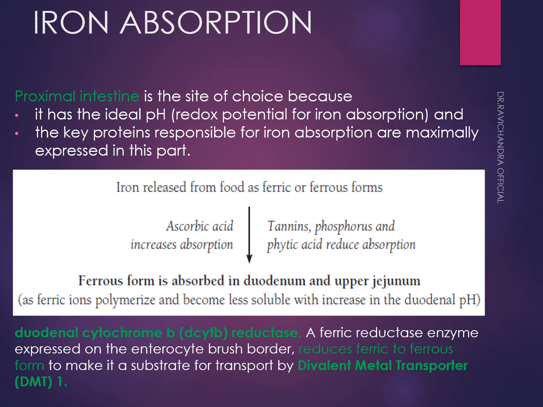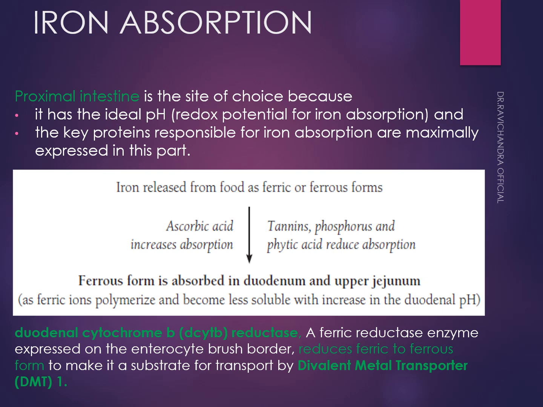Duodenal cytochrome B reductase, a ferric reductase enzyme, is expressed on the enterocytes along the brush borders. They will reduce the ferric to ferrous form to make it a substrate for transport by a transporter, DMT1, divalent metal transporter 1.